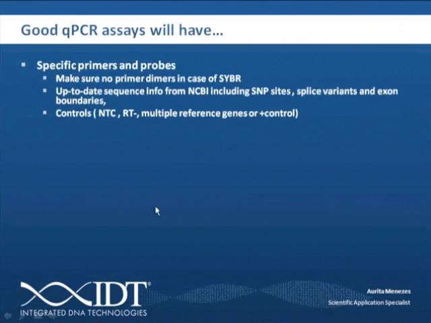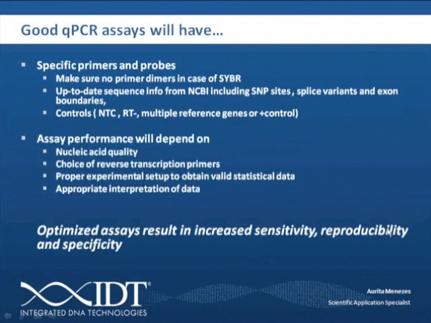So good qPCR assays, of course, will have specific primers and probes for all the reasons we've described in the previous slides. You definitely want to make sure you have all the right controls: the no template controls, the no RT control, multiple reference genes, and a positive control. And your assay performance finally will depend on the nucleic acid quality, so your RNA isolation method is important.